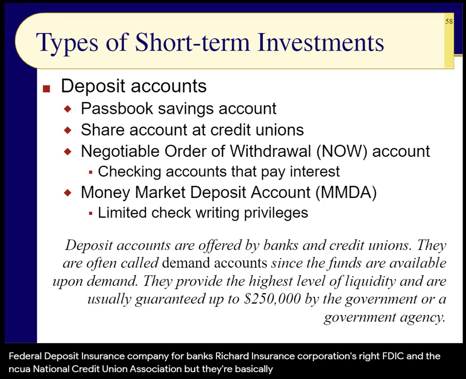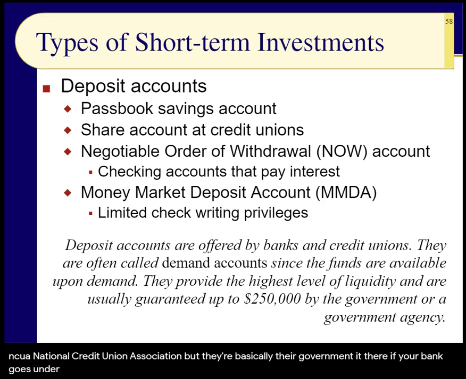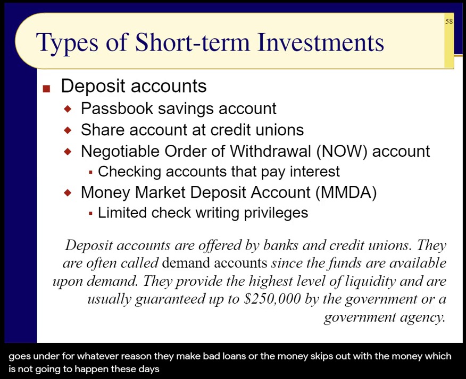But they're basically sponsored by the government, so that if your bank goes under for whatever reason, they make bad loans or somebody skips out with the money, which is not going to happen these days. It's very difficult. There'd have to be serious collusion between many individuals for that to happen.